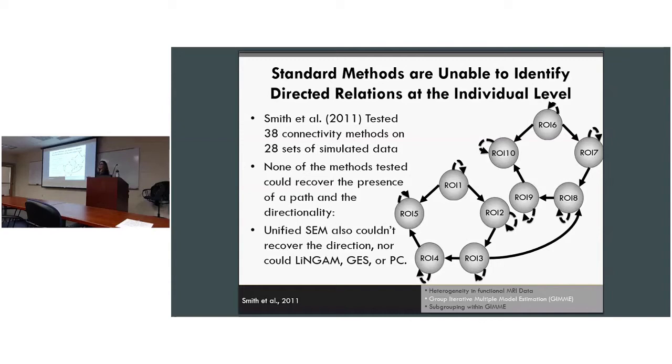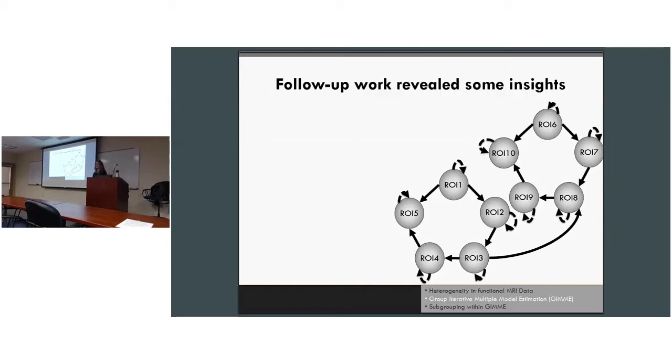No method really did well at recovering both the presence and the directionality of effects. Our method, uSEM, was not tested, but when we tested it, it didn't do well. It recovered the paths, but it couldn't get directionality done, and we followed the same pattern as our colleagues here. But there's no need to fret because we did some follow-up work, and we are getting better and better at getting individual level paths.